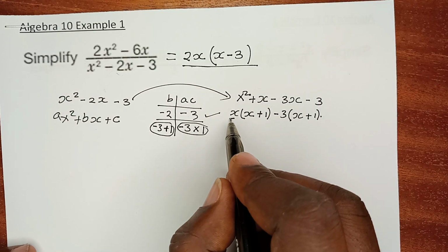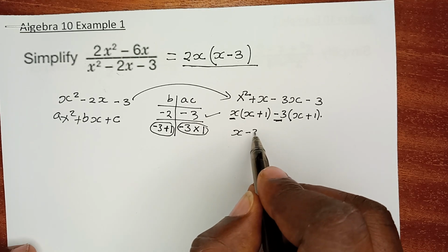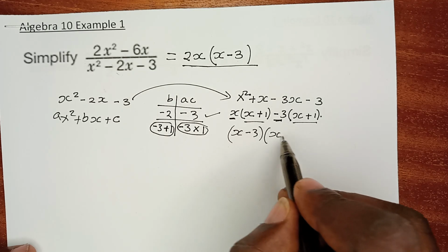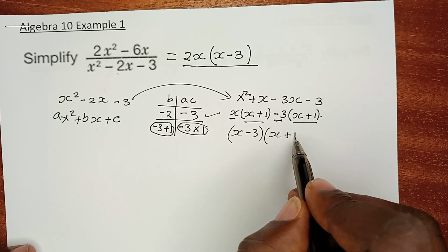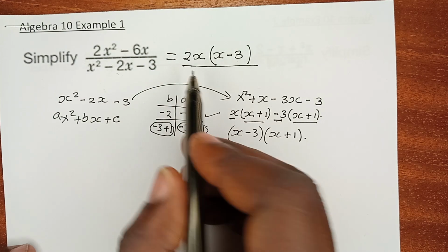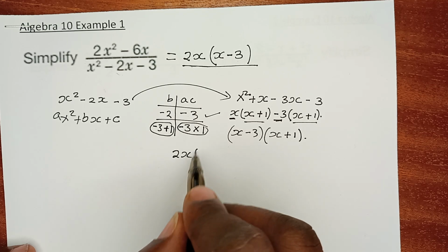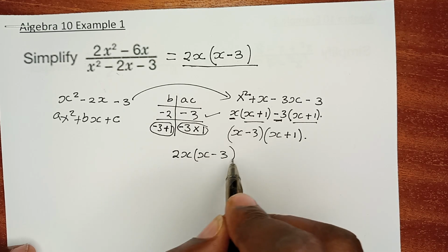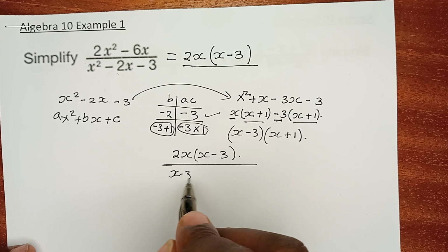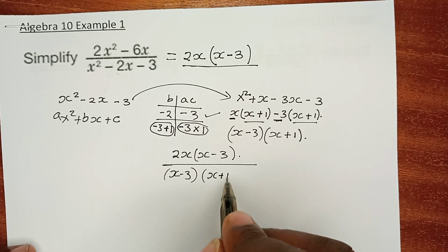The terms outside form their own bracket, x minus 3, and the repeated bracket is written once, x plus 1. So in a nutshell, at the numerator we have 2x, x minus 3, and at the denominator, we have x minus 3, x plus 1.